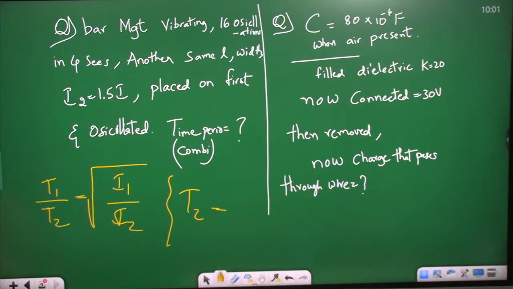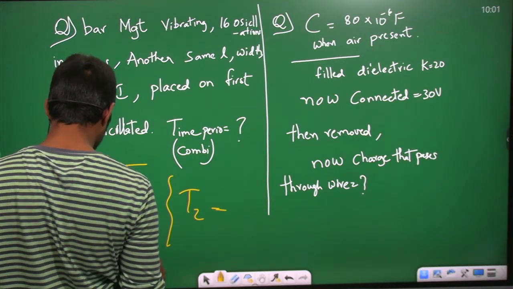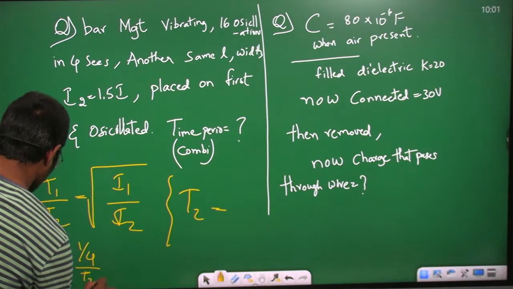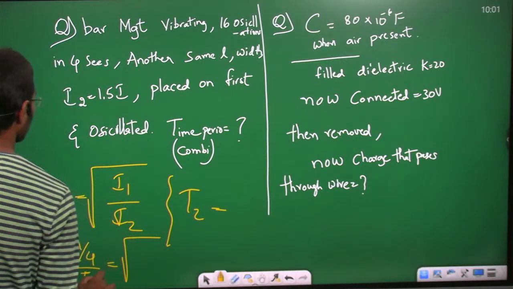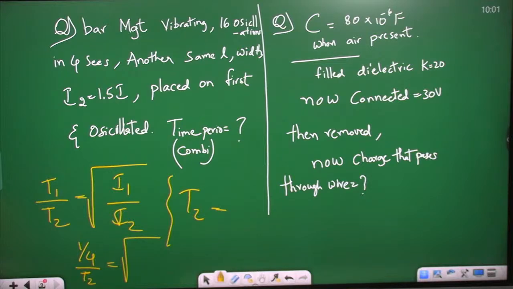In second case, combination. So if you try to solve that way, we will get time period T2 as, 1 by 4 by T2 is equal to under root of... So if you proceed that way, you can make out there is nothing big here.